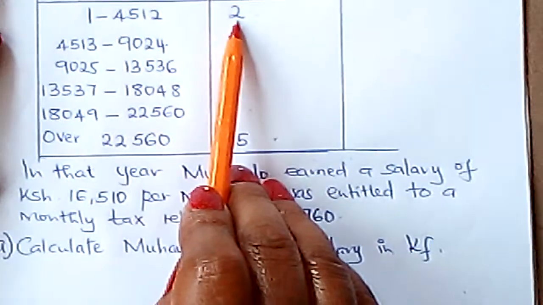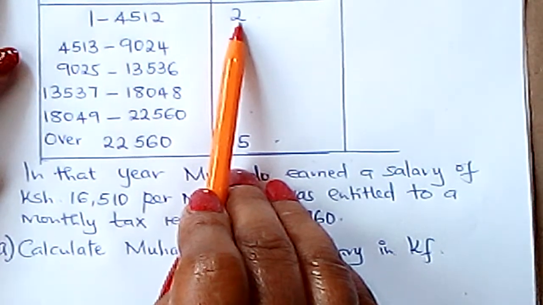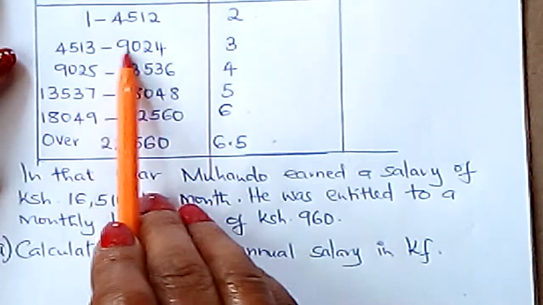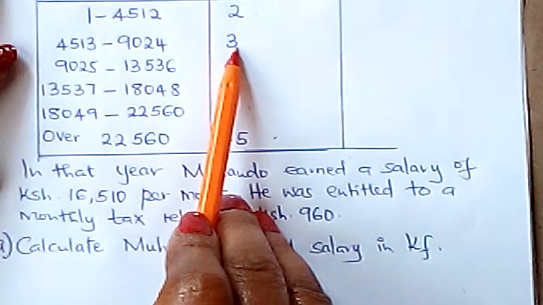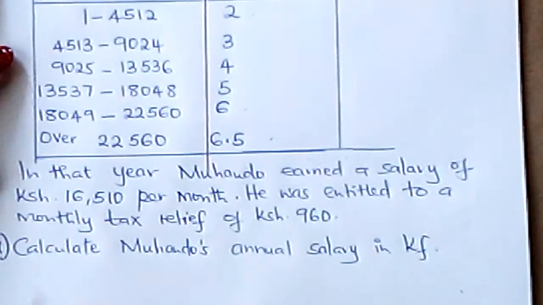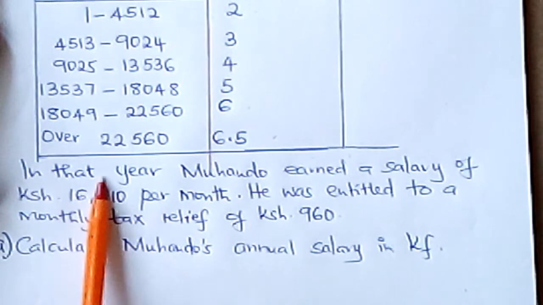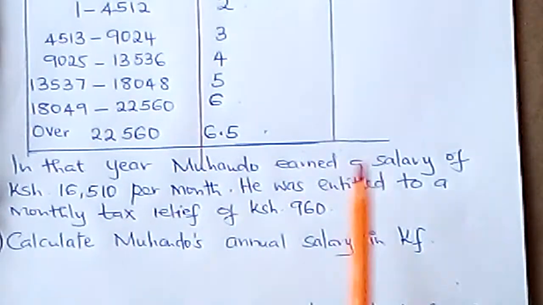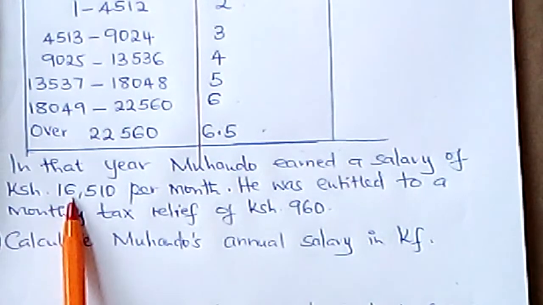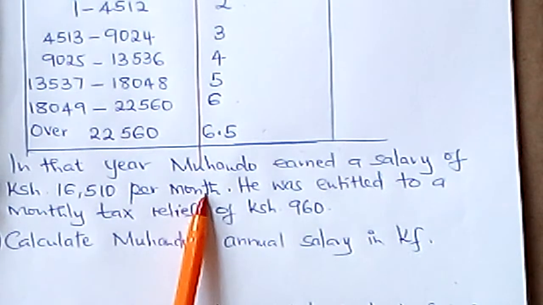The first band, that amount of money was being taxed at 2 shillings per pound. This band here, the tax rate was 3 shillings per pound, and so on and so forth. So, let us look at this. In that year, there is this person called Muhando, who earned a salary of Kenya shillings 16,510 per month.